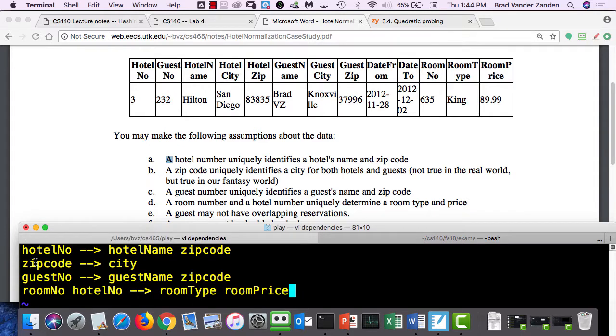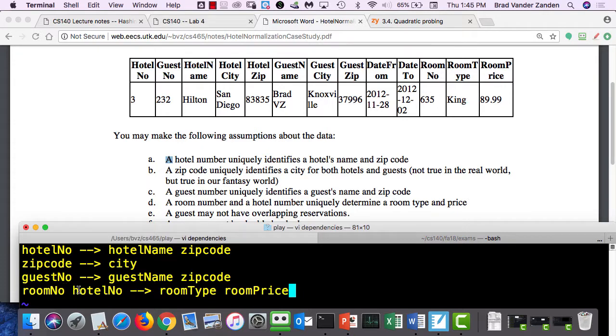If you try to say hotel number and guest number can somehow be combined, it's not the case that a room number and a guest number determines the room type and the room price, because a guest can stay at different rooms. Could you put room type and room price just for hotel number?